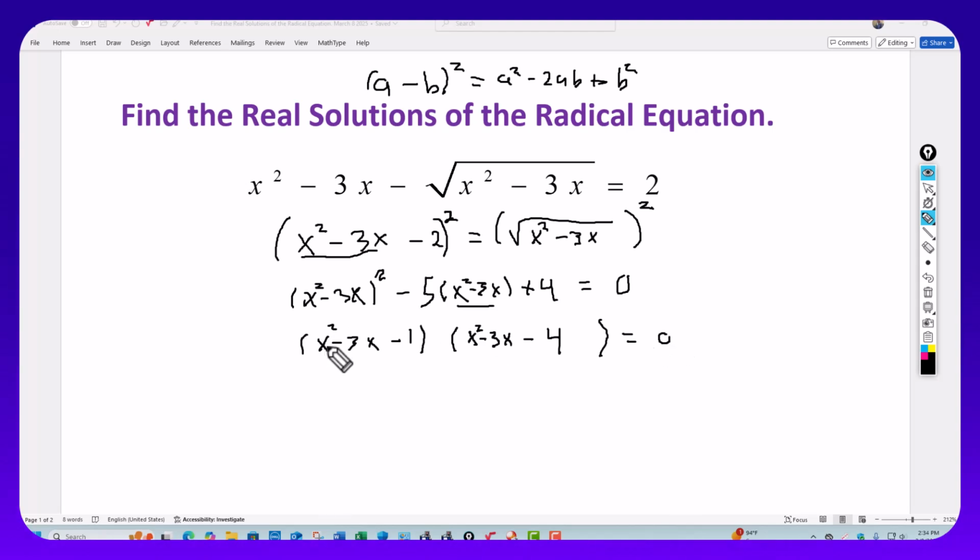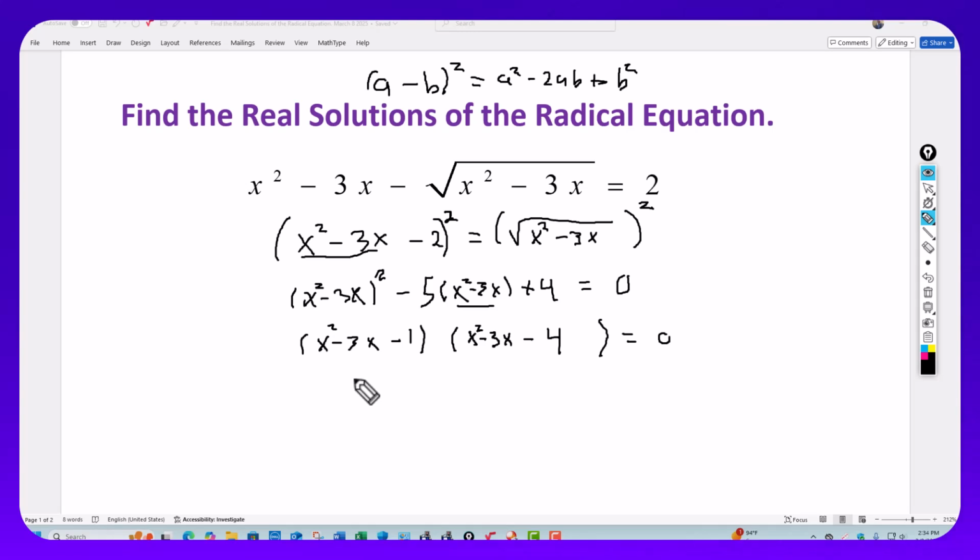So again, it works this way. x squared minus 3x times x squared minus 3x, of course, gives me the x squared minus 3x quantity squared. And then minus 1 times this right here gives me minus 1 of these, x squared minus 3x, and a minus 4, x squared minus 3x. Add them up, that's minus 5, x squared minus 3x. So those are the factors.